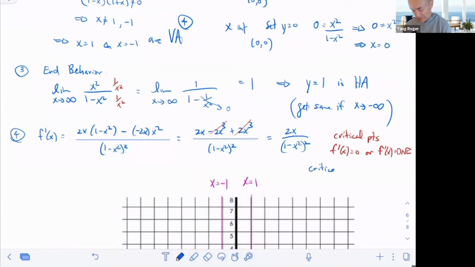You can look at that derivative and tell, I think. What would you say? 0 is for sure one, because that's where the derivative is 0. Where does the derivative not exist? When is the denominator 0? Yeah, 1 and negative 1, both of those.